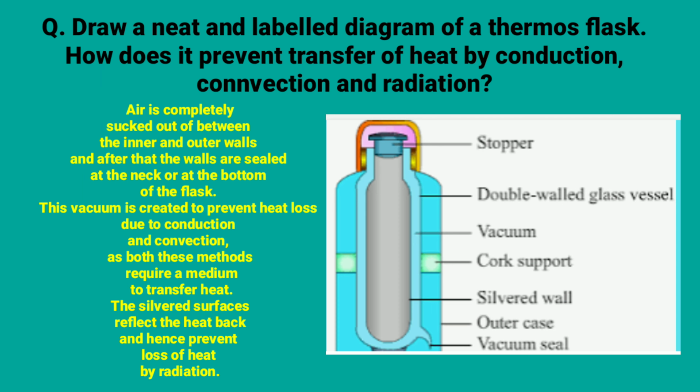The vacuum which is created in between the outer and inner wall of the flask prevents the loss of heat by the process of conduction and convection because they need a medium. The silvered polished surface of the flask prevents the loss of heat by the process of radiation. Thus, in the thermos, loss of heat is prevented by conduction, convection and radiation.